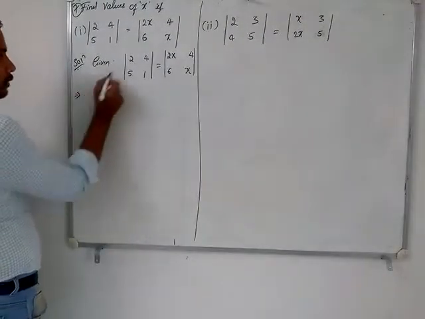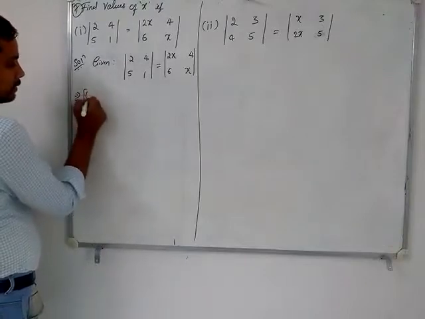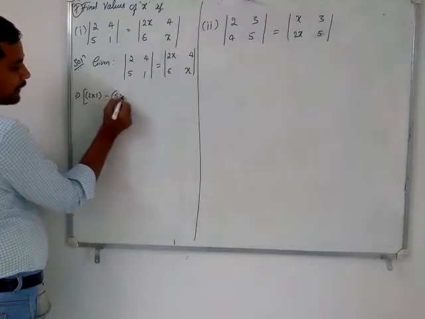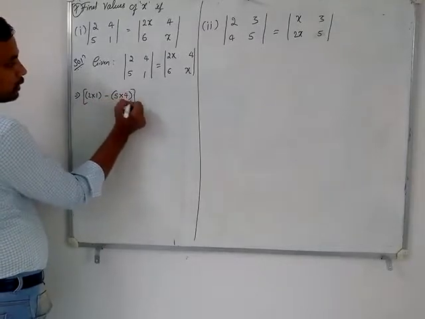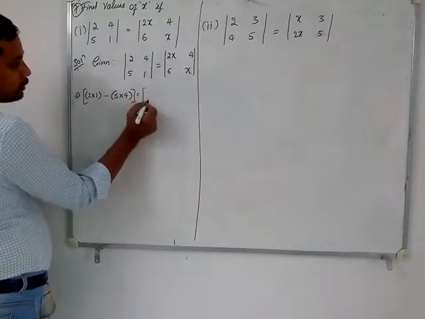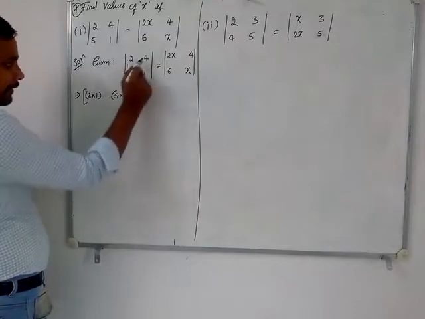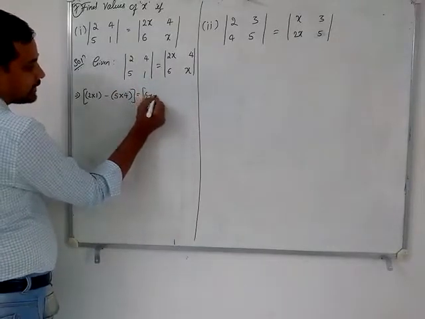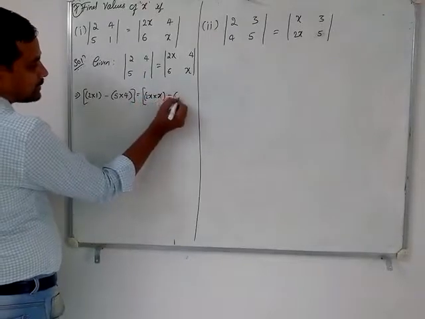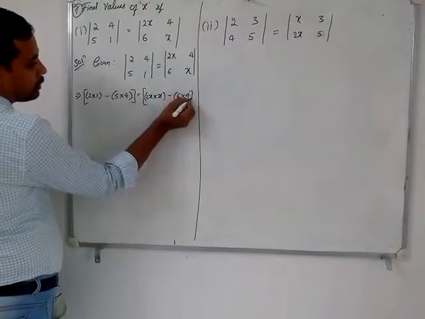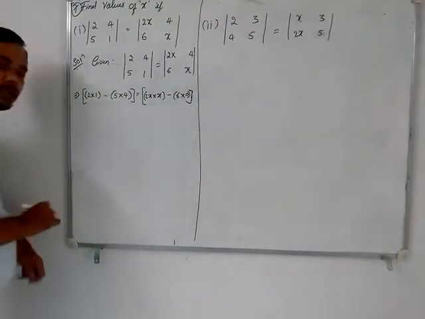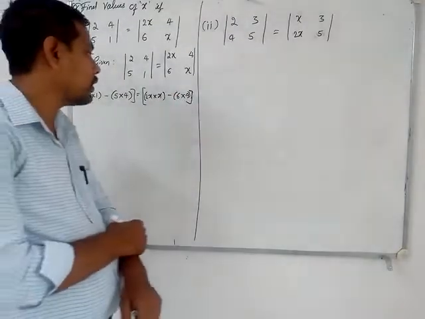What is this? 2 into 1 minus 5 into 4 is equal to 2x into x minus 6 into 4. This is how we should solve it.